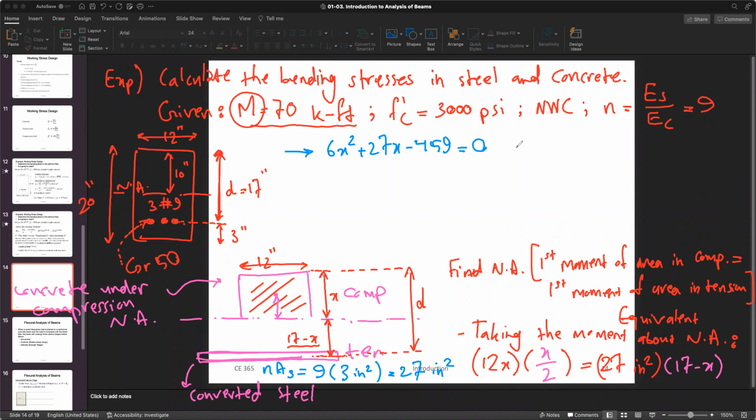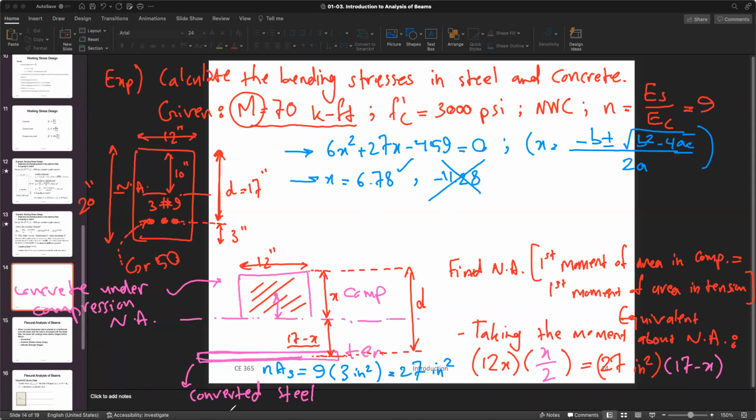You know how to solve these, right? You can say x is equal to negative b plus or minus the square root of b squared minus 4ac, over 2a. Make a long story short, x will be equal to 6.78 and negative 11.28.